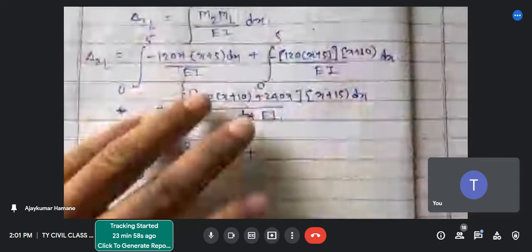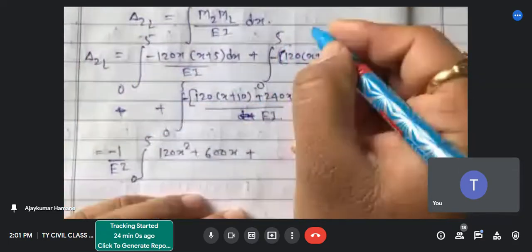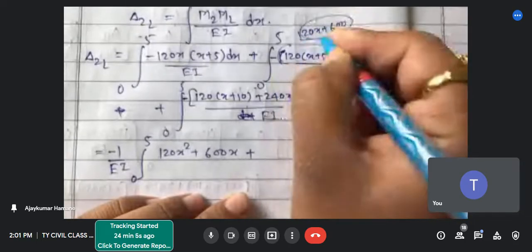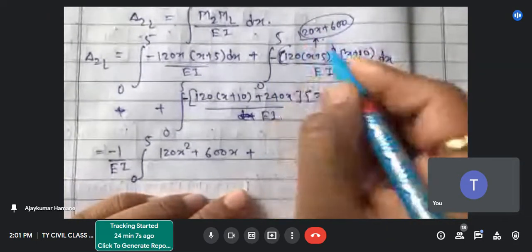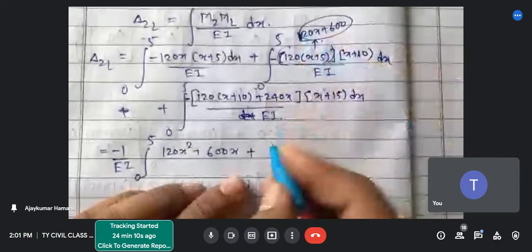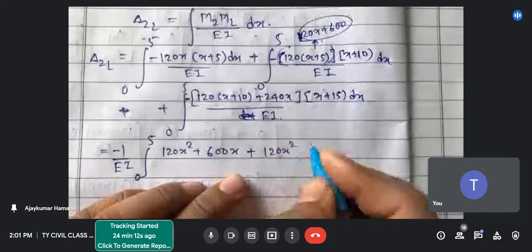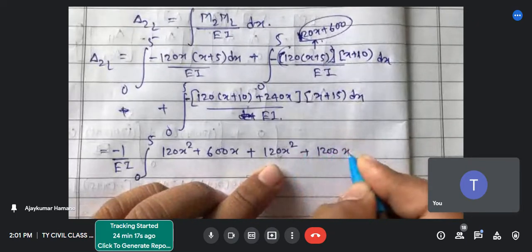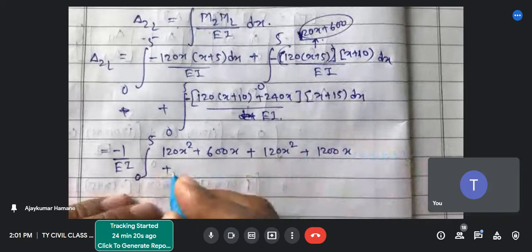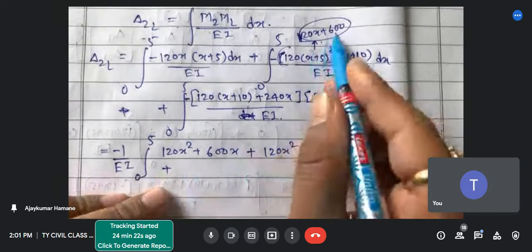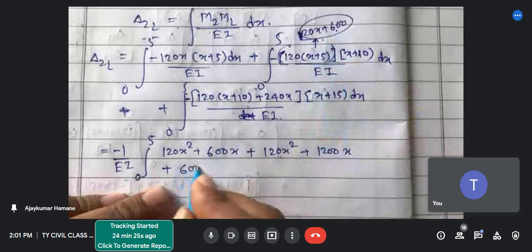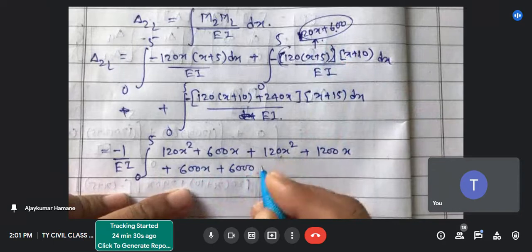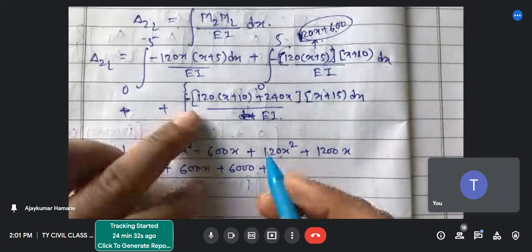plus, so this bracket, it is what, 120 x plus 600, correct? So 120 x, if I multiply by x, 120 x square plus 1200 x plus 100 x plus 6000 plus.